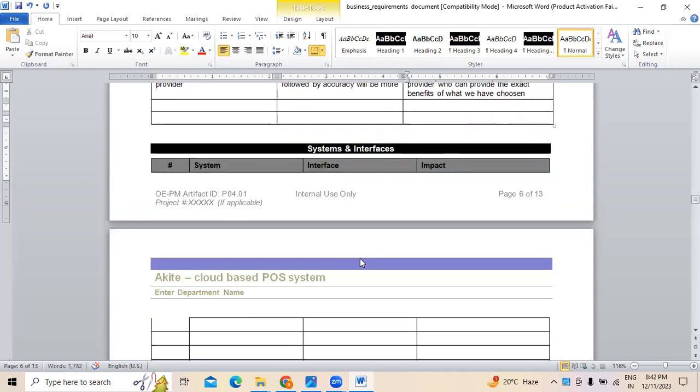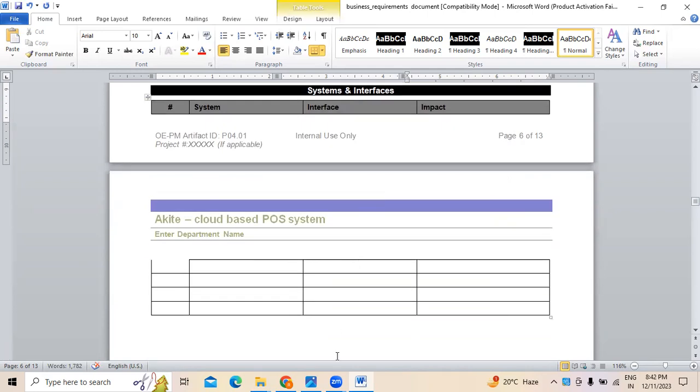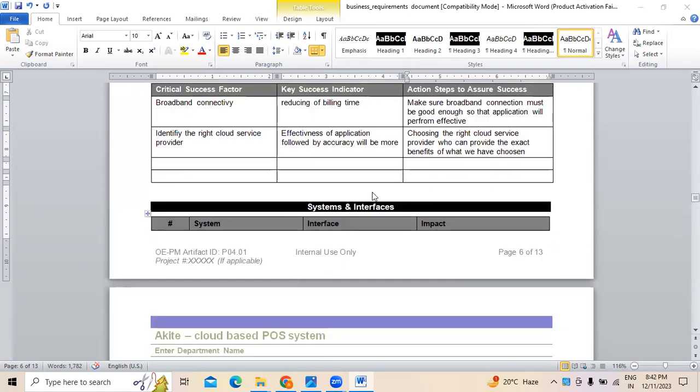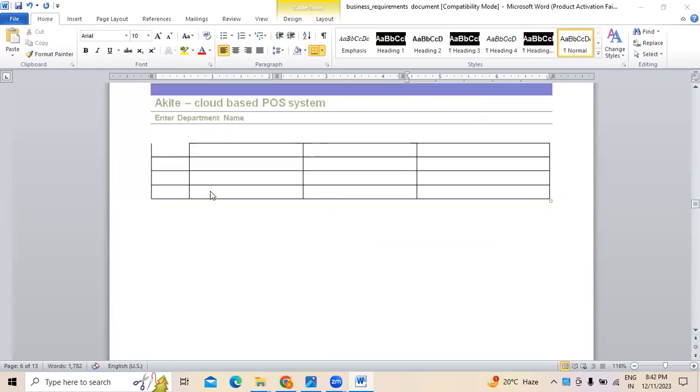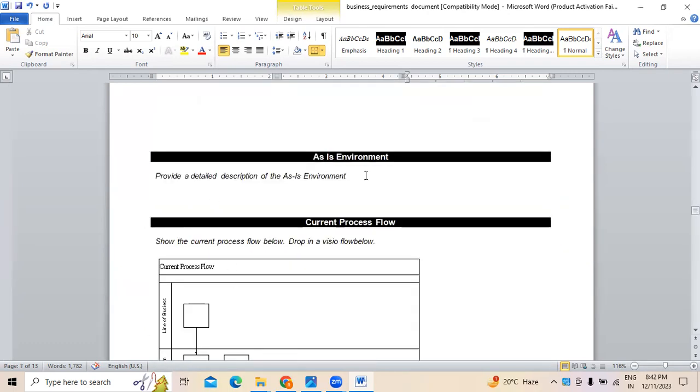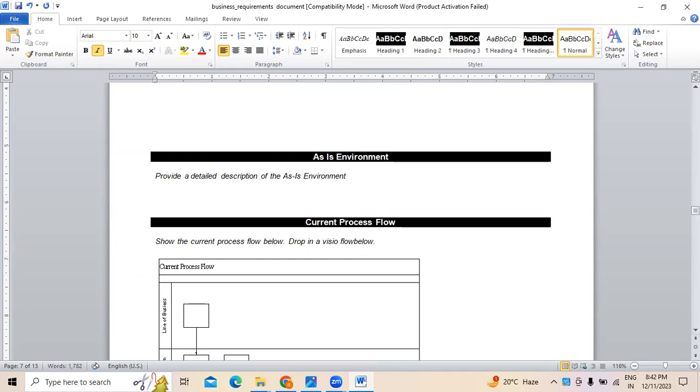Next, system interfaces and everything. The software development team will write that, right? Whoever the software development team is, they will write down what the system interfaces and all technicalities are. So let's not get into that. Now, as is system, nothing but a regular traditional point of sale system.